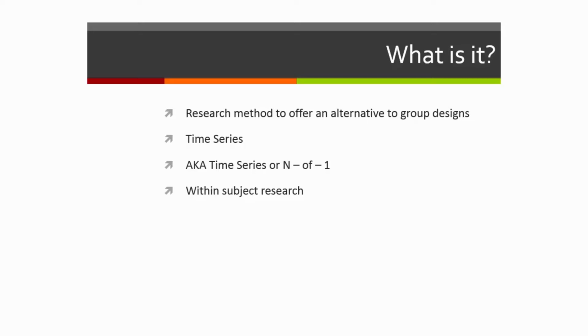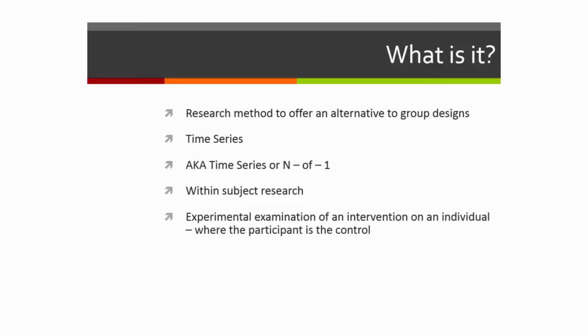It is within subject research. So you're basically doing research on something that happens within that one individual. You have an experimental examination of an intervention on an individual. So instead of having to have a control group and withhold that research intervention from that group, now you're just using the individual as the control.